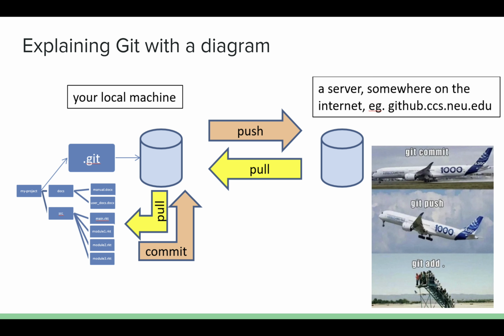Even on your own machine, the way Git works is it creates a separate .git folder, and that's where it has all these files with the metadata to keep track of changes and stuff.